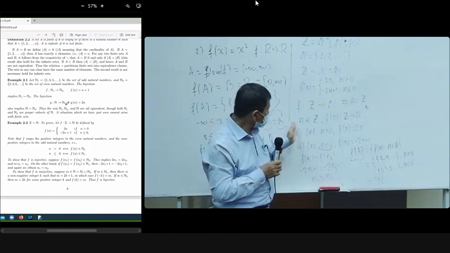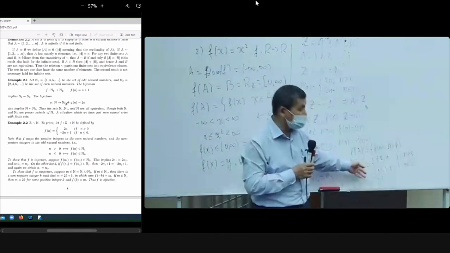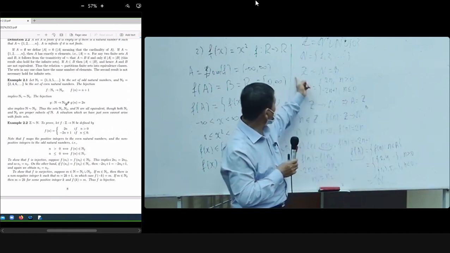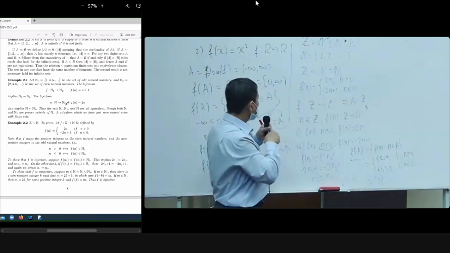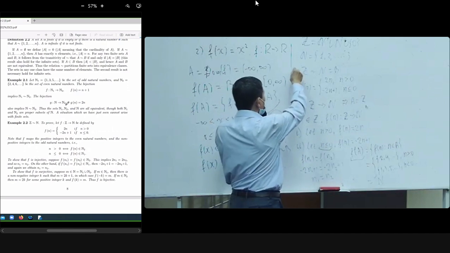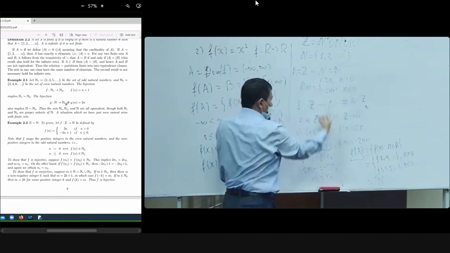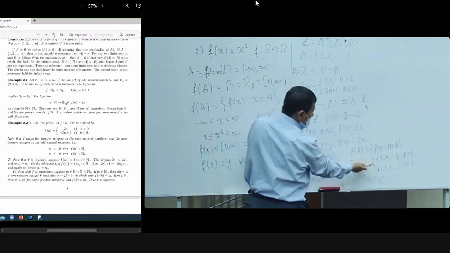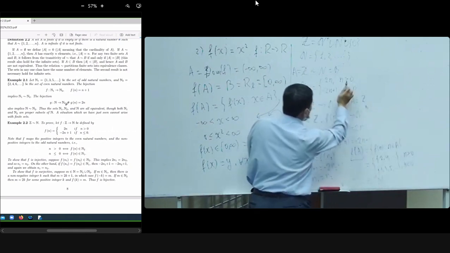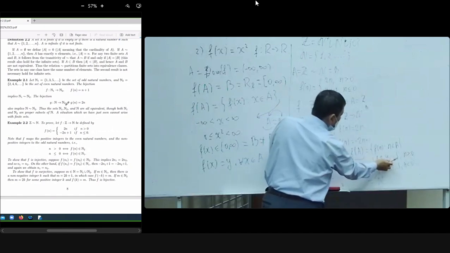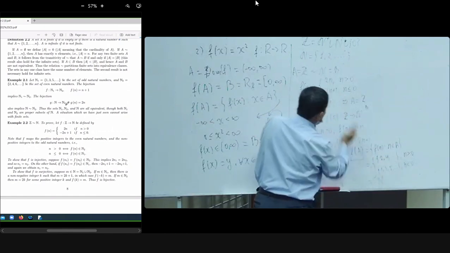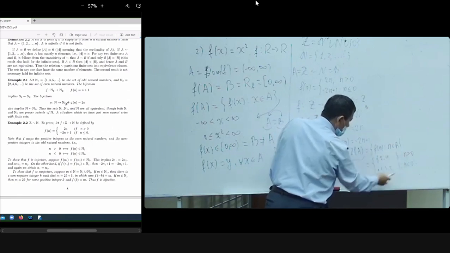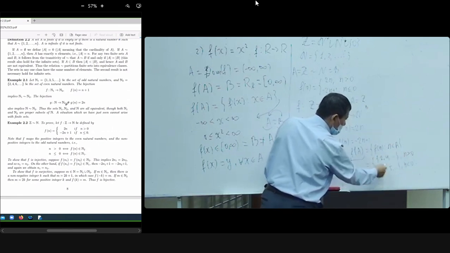For the bijectivity, the second case, you see, this one is a little bit different actually. So if A is considered as the domain, I have to find the f of A under this condition. You see, when n is greater than 0, I get all even numbers. Under the other condition, I'm getting all odd numbers.